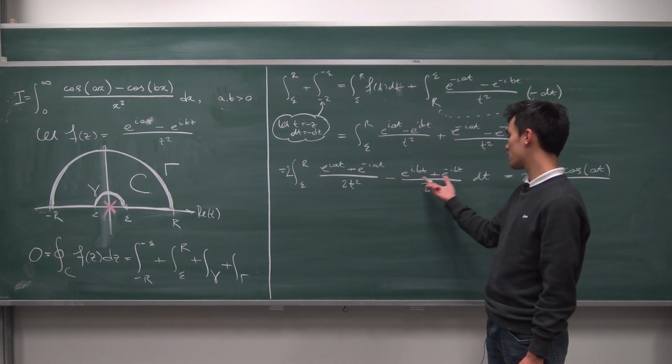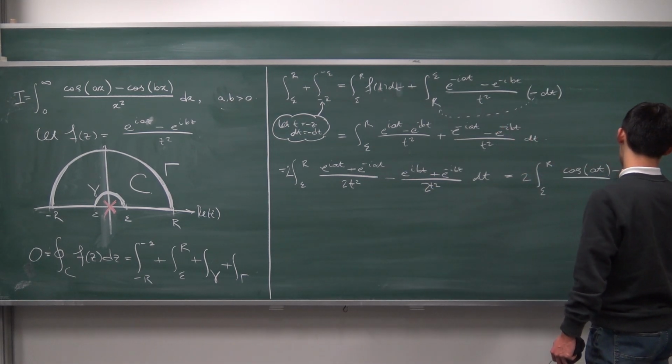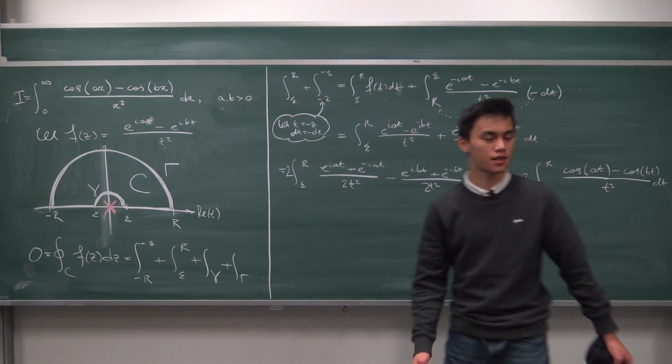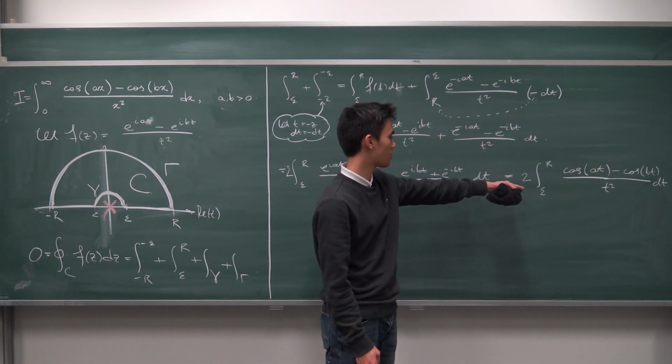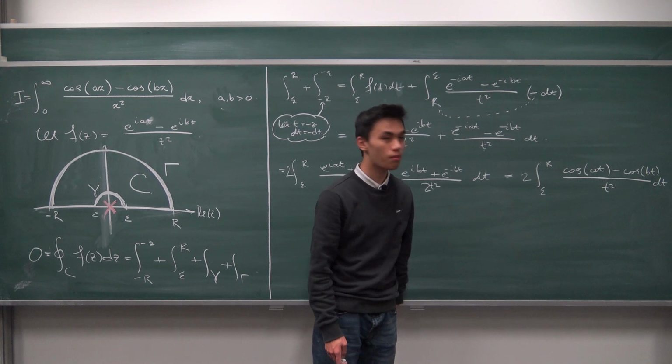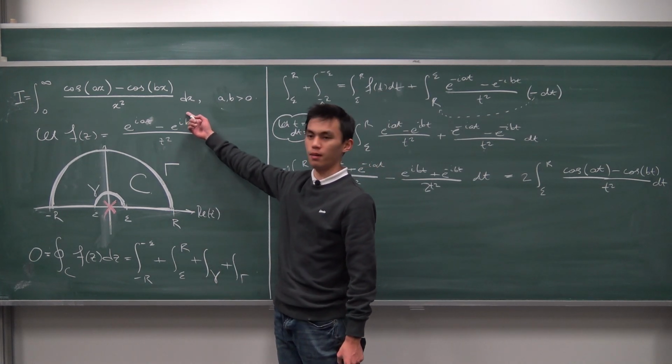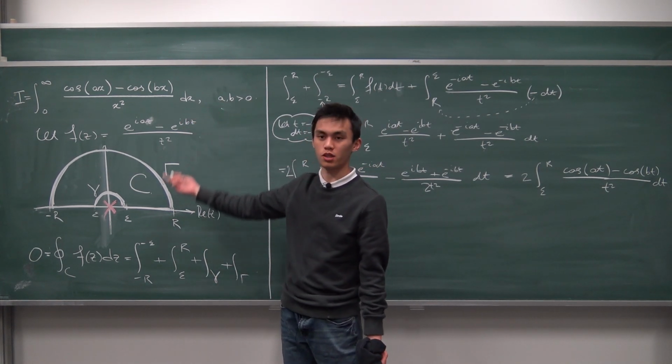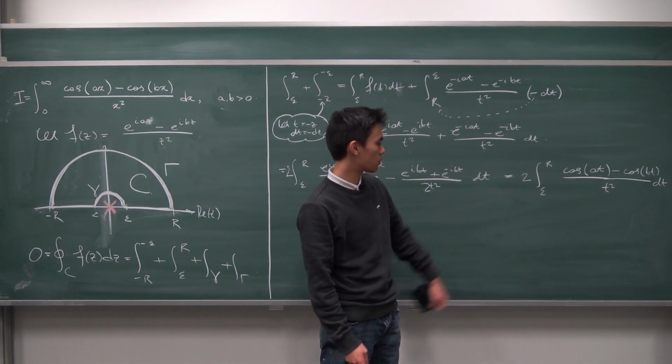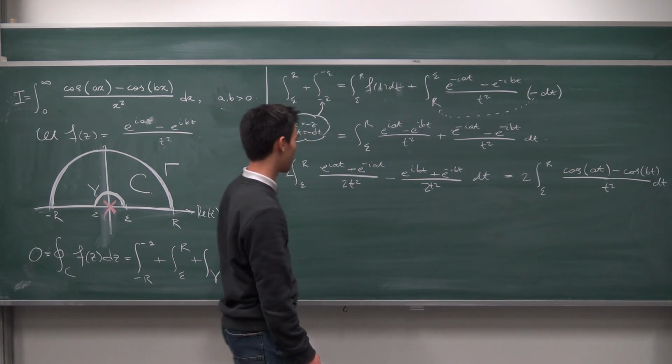But we also have this negative cosine, so we might as well write that in. So minus cosine of b t, and this guy is divided by t squared dt. Okay, and this is starting to look a little familiar because we have integral cos at minus cos bt. Well, that's basically this integral, but we just replaced the variables. And now notice we're going to take epsilon and r to infinity in the end anyways.